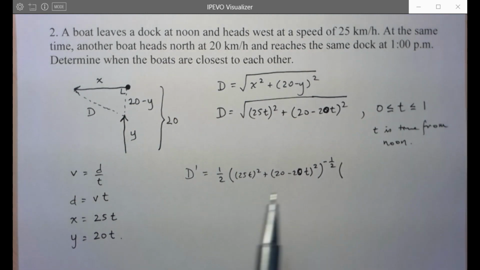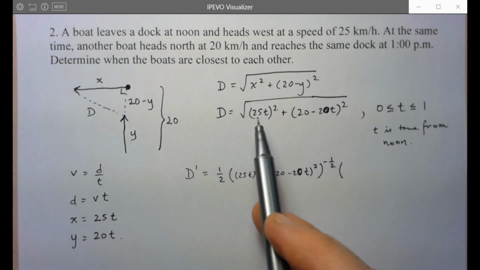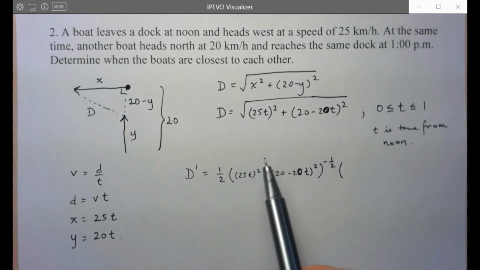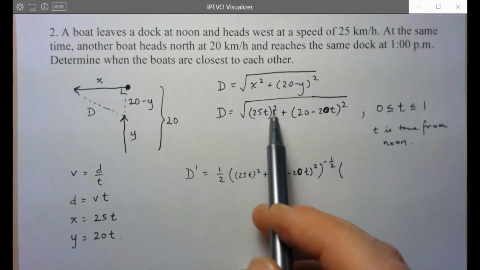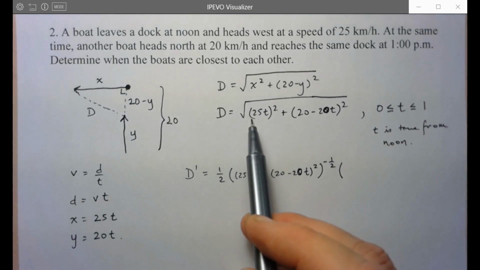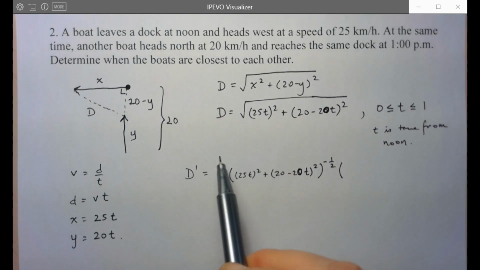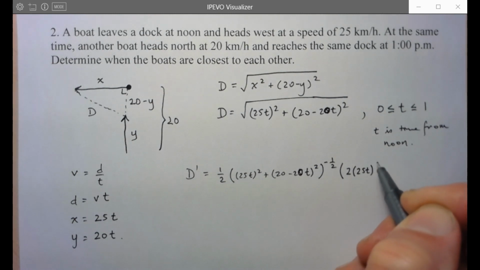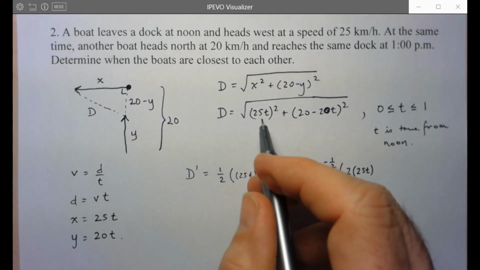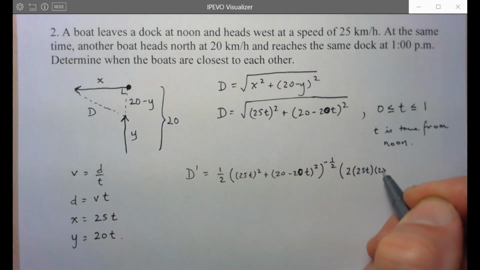Now times the derivative of this inside function. And this is where, like I said, I'm going to use the chain rule to save me from doing all that algebra. The derivative of 25t squared: now 25t becomes my u, so it's going to be 2 times 25t to the 1, times the derivative of 25t, which is just 25.